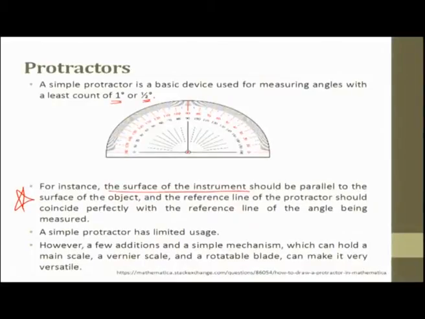A simple protractor has a lot of limitations which we all know while using. However, a few additions or a simple mechanism which could hold the main scale or a vernier scale and a rotatable blade can make it very versatile. If you see a protractor, what we do is make a dot reference on a piece of paper, move the protractor dot there exactly, match these two references and draw.